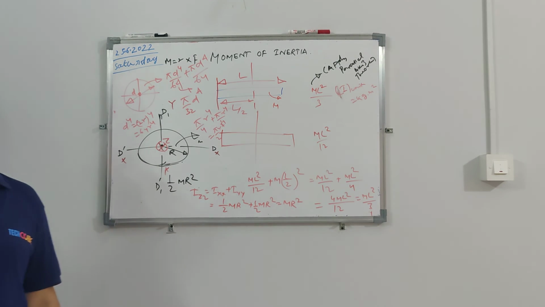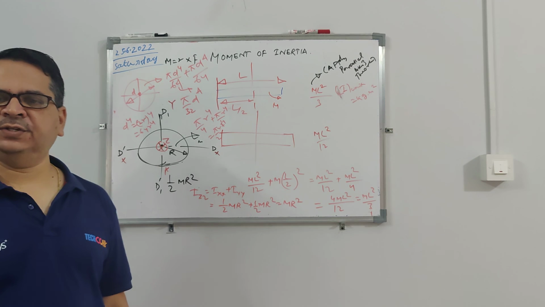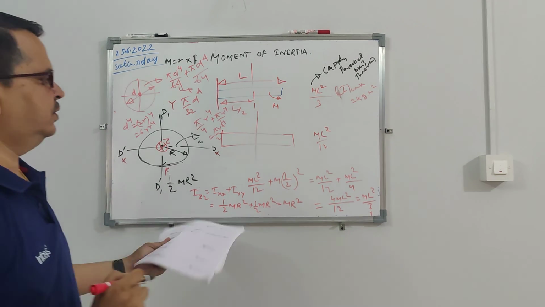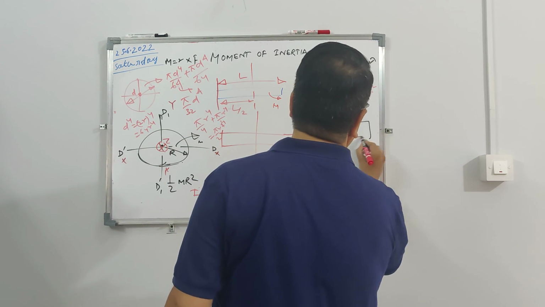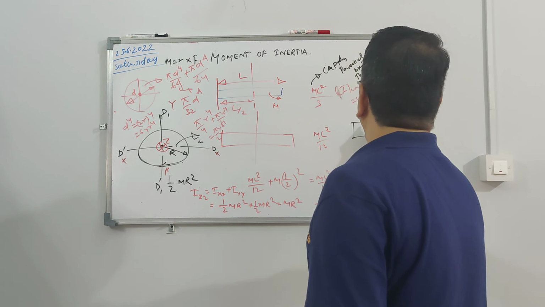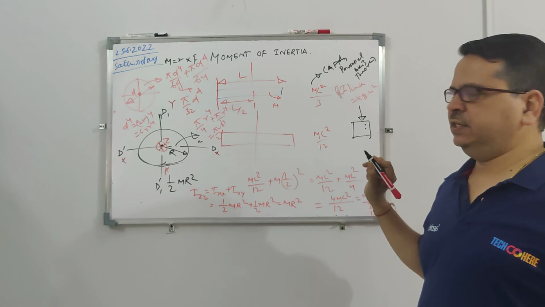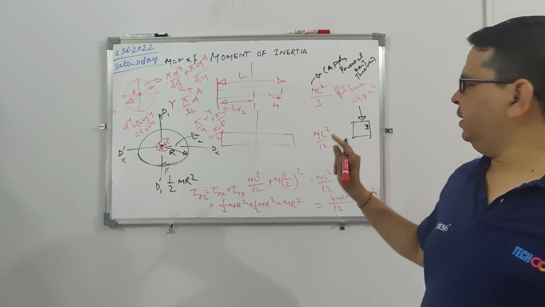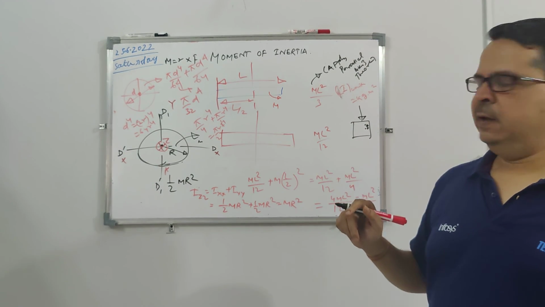If the distance between different points always remains the same even after applying force, then it is a rigid body. Suppose I have a body and I apply some force; if it is a rigid body, the distance between points will remain the same.